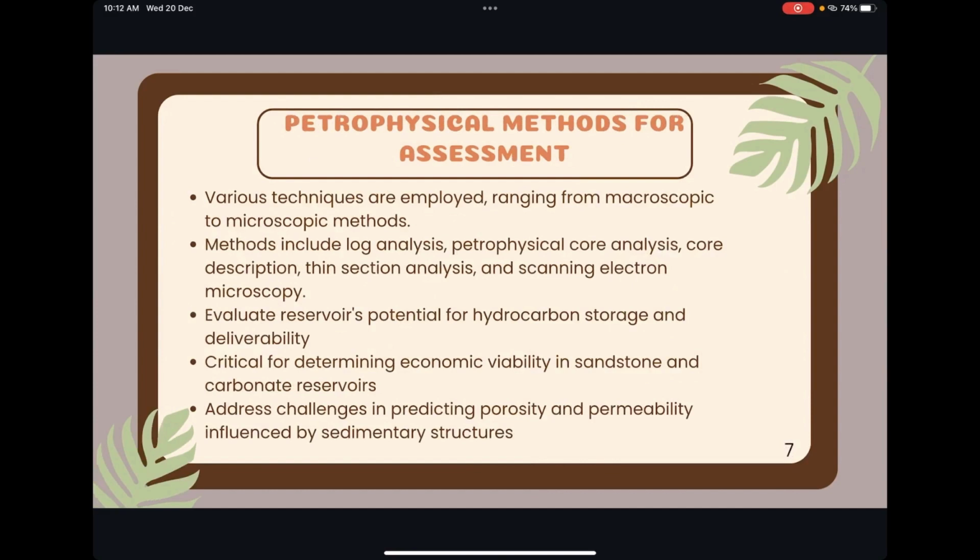Methods include log analysis, petrophysical core analysis, core description, thin section analysis, and scanning electron microscopy. Also, they evaluate reservoirs' potential for hydrocarbon storage and deliverability. Also, they are critical for determining economic viability in sandstone and carbonate reservoirs, and they are capable of addressing challenges in predicting porosity and permeability influenced by sedimentary structures.